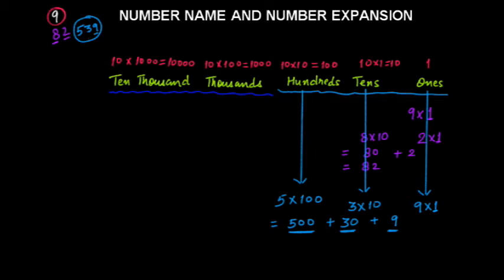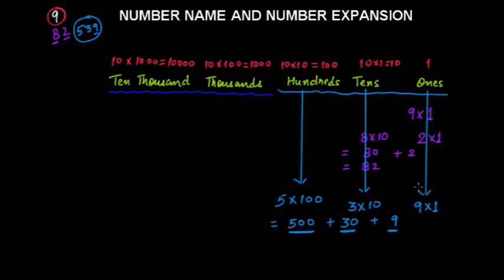It goes on from thousand to lakhs, then lakhs to crores. This is important because sometimes you would have seen that a few numbers are separated by commas, and I'll explain shortly why. So you will read this 539, hundreds place, tens place and ones place.